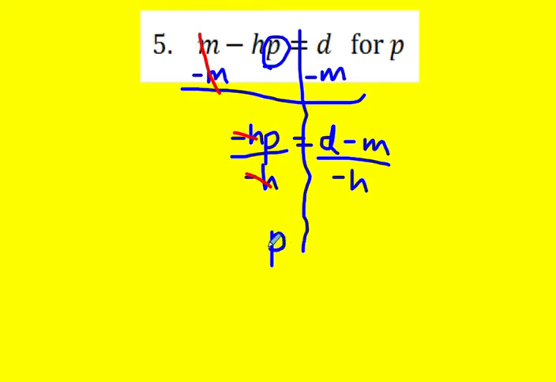So I can say that p is equal to d over negative h, and then a negative m divided by a negative h would give me a positive, so a positive m over h. So you can leave your answer like this. It's not going to reduce. If you wanted to put this negative here out in front and just make the whole fraction negative, that would be fine, but this is an acceptable answer.